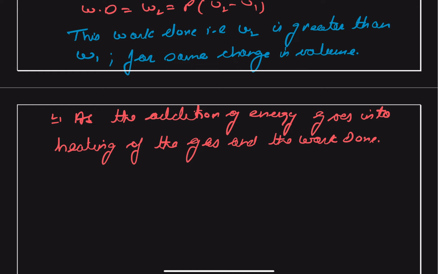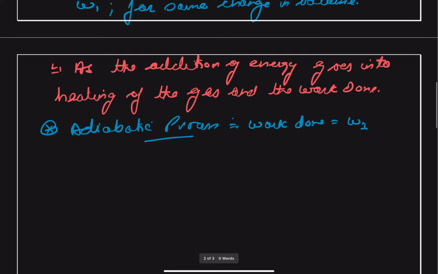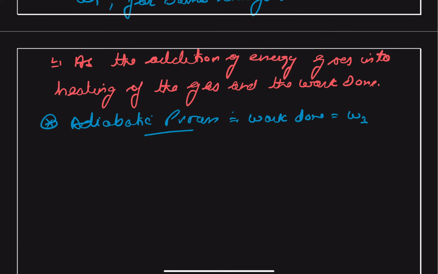And now we come to our final part, that is our adiabatic process. In this case, work done is given as W3. So adiabatic process means no heat exchange. Or we can say value of Q is equal to 0.